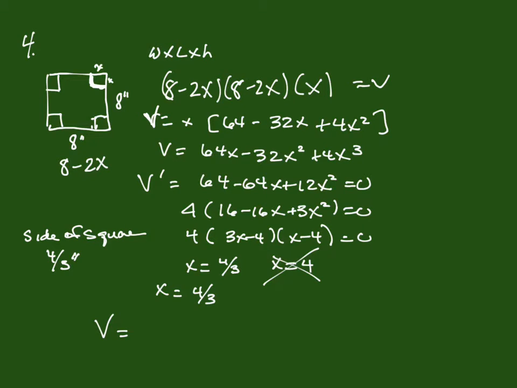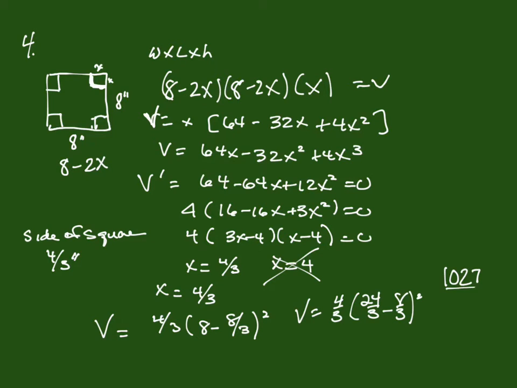And the volume is 4/3 times 8 minus 8/3 quantity squared, which is 4/3 times 24/3 minus 8/3 squared, which is, let's see, 1024 over 27, which is 37, if you divide it out, 0.926 inches cubed.